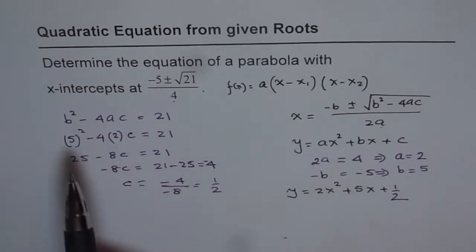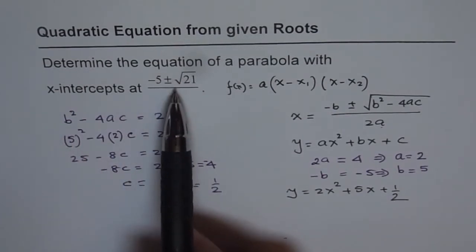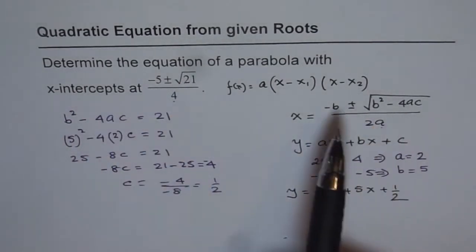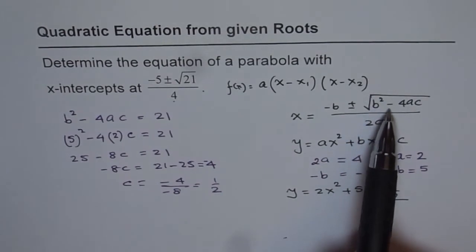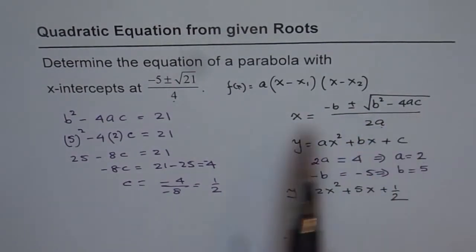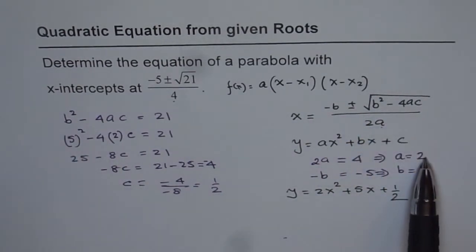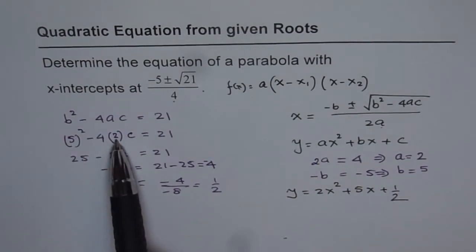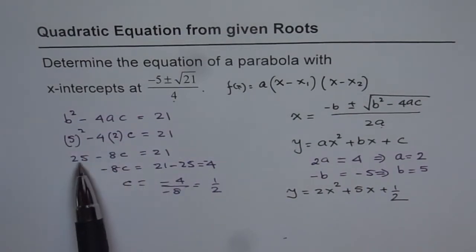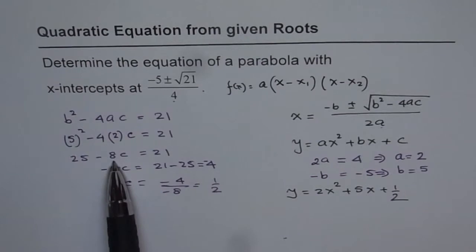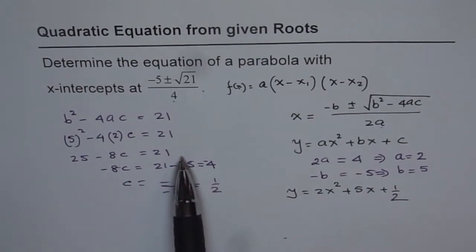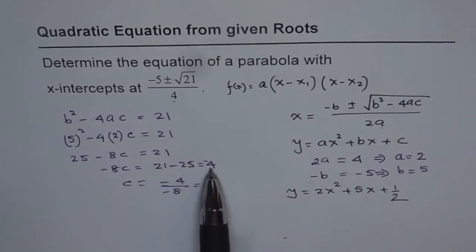So let's go through the steps once again. In the square root, it was 21, and therefore we equated 21 to b² - 4ac. Now since we know b is 5 and a is 2, we plugged in those values and solved for c. 5² is 25, 2 times 4 is 8, and rearranging the terms, 21 - 25 is -4, divided by -8 gives us c equals half. Just plug in those values and get your equation. It is as simple as that.